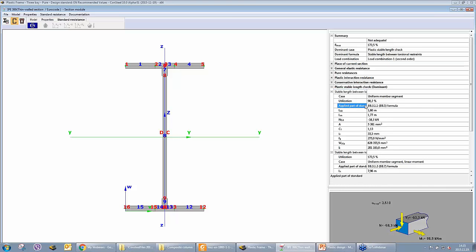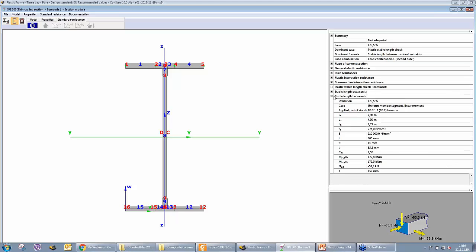This is the applied formula. We can see it from the standard, and what we can see is that the calculated LM, stable length, is larger than the length between the restraints, so the unbraced length, which is now 1.6 meters, and this is adequate now. So between the adjacent lateral restraints to the tension flange, we have an adequate situation. The LM is larger than the unbraced length.